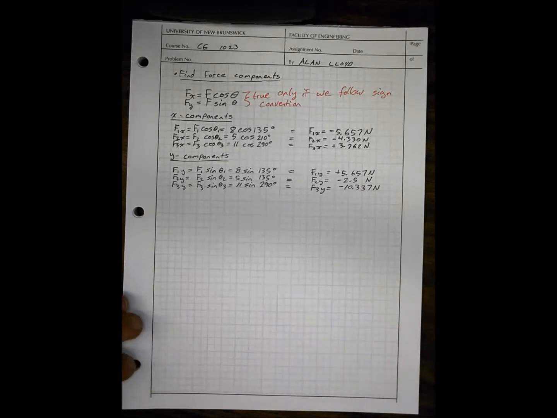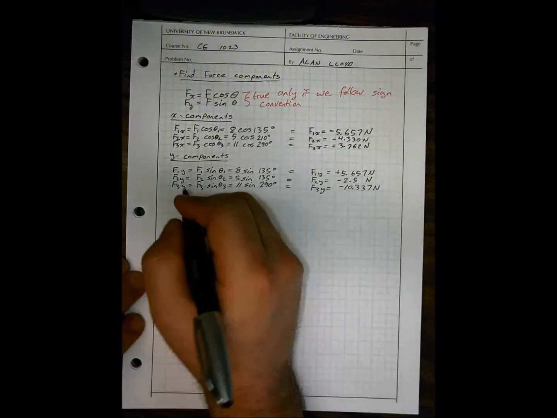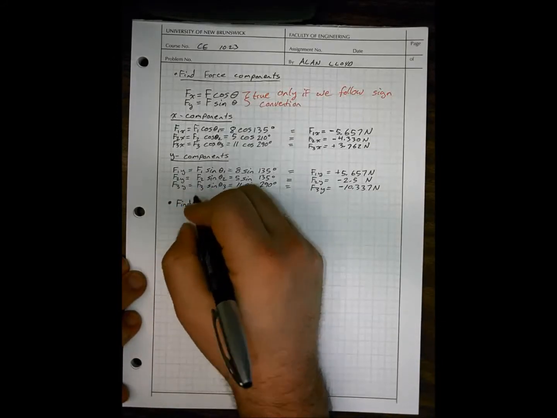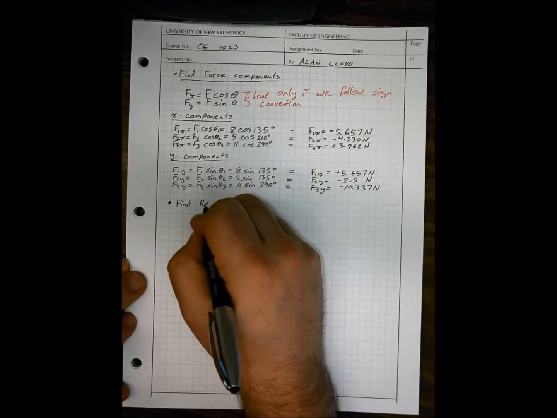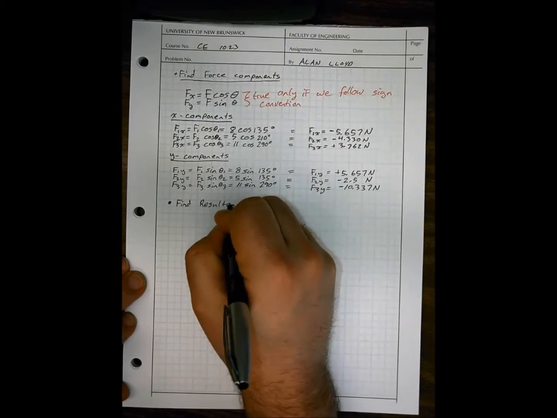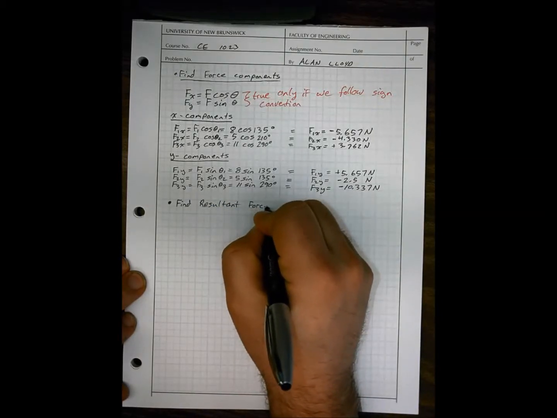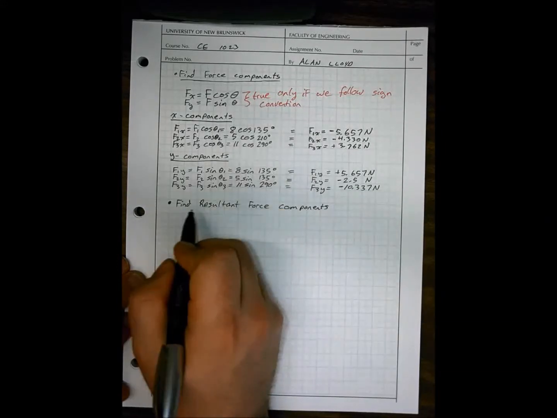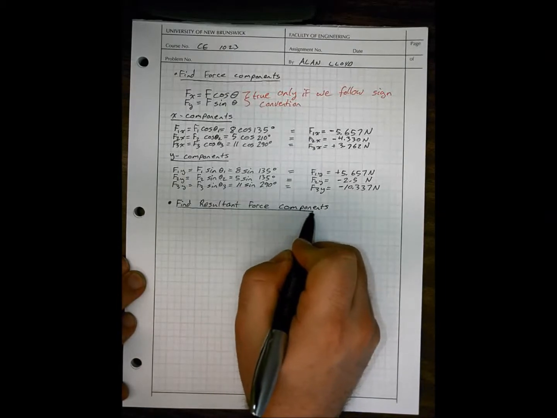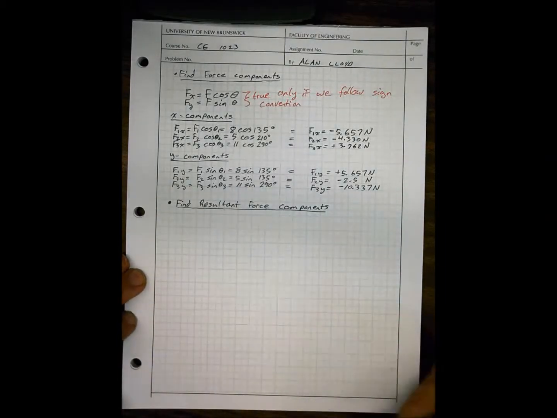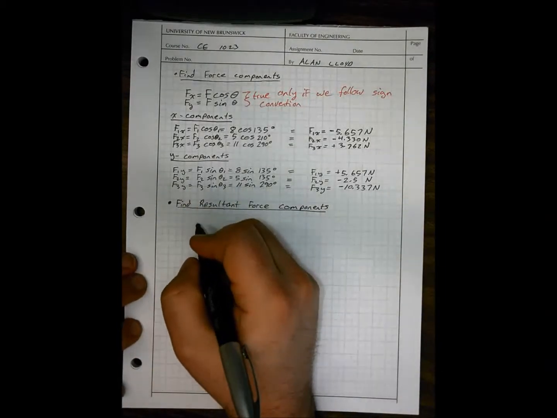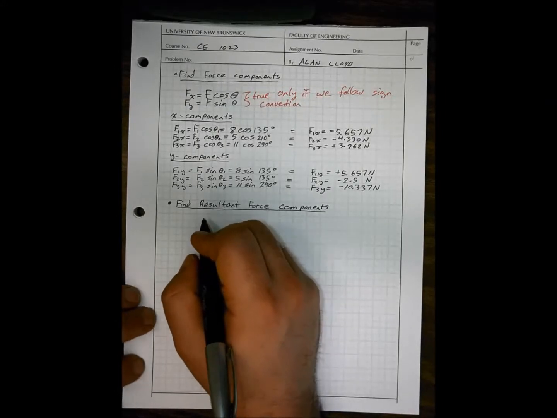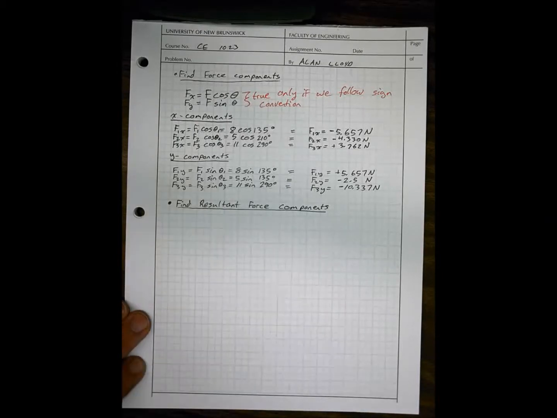Now, once we have that, we're ready to find our resultant force components. And this is quite simple. Since we have these orthogonal forces now, we can add as many of these force vectors together as we want without having to worry about angles.